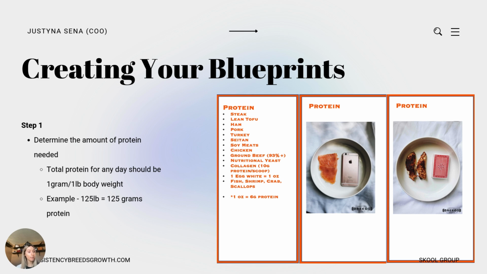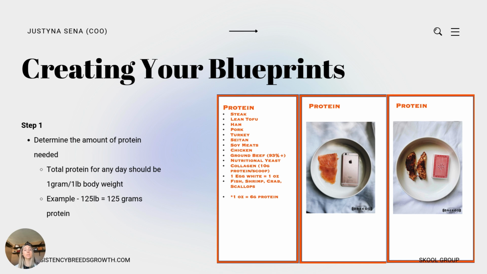The typical method of macro counting is you're counting your protein coming from all of the food sources. So coming from your vegetables, coming from your carb sources, your fat sources, as well as your protein sources. What we do here is only count the protein coming from the protein source. So for example, if you have steak as a meal, you're only counting the protein from the steak as protein for your meal.